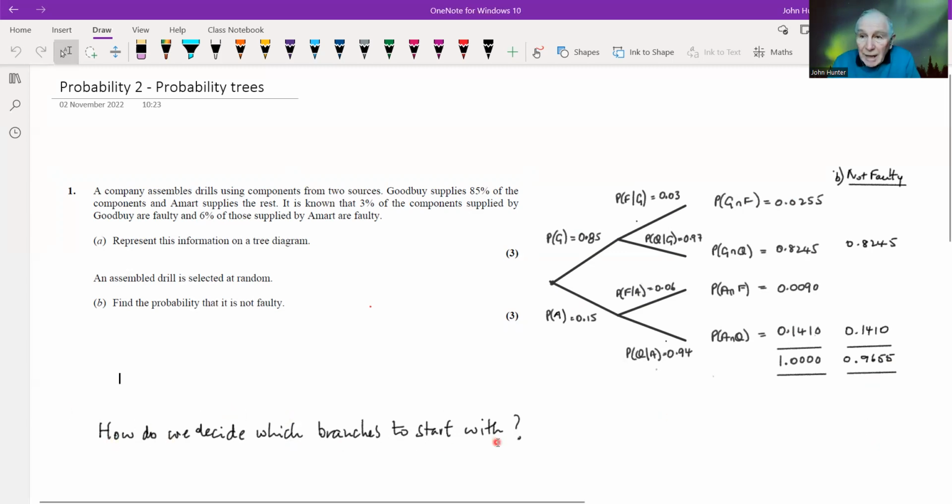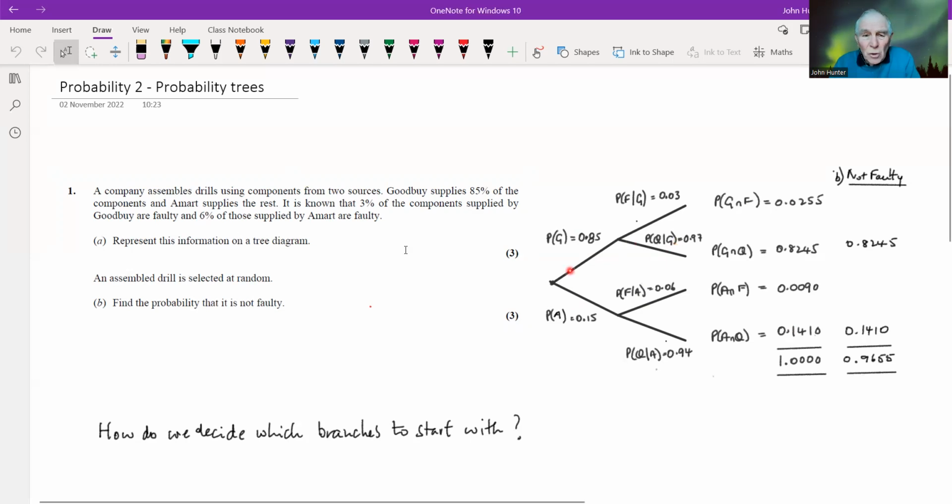Little question here again. This is kind of looking forward to some other things that we're going to be doing. How do we decide which branches to start with? I mean, we've gone for the supplier there and the quality at the second branch. Could we have done it the other way around?